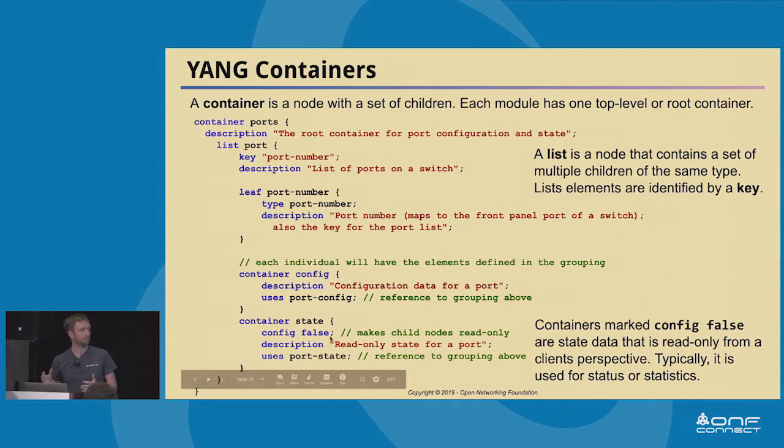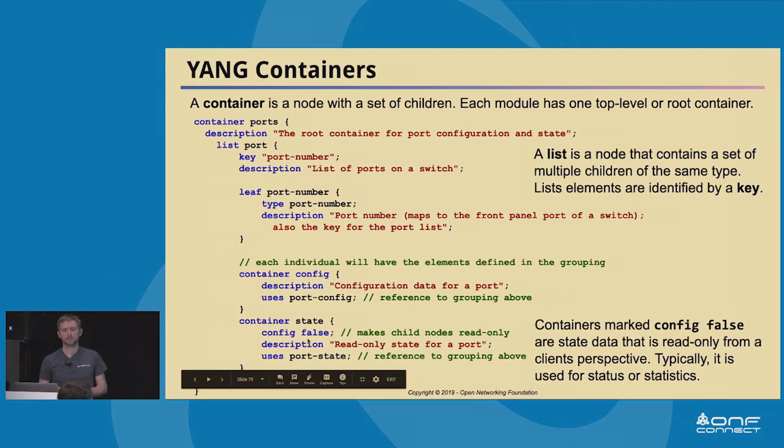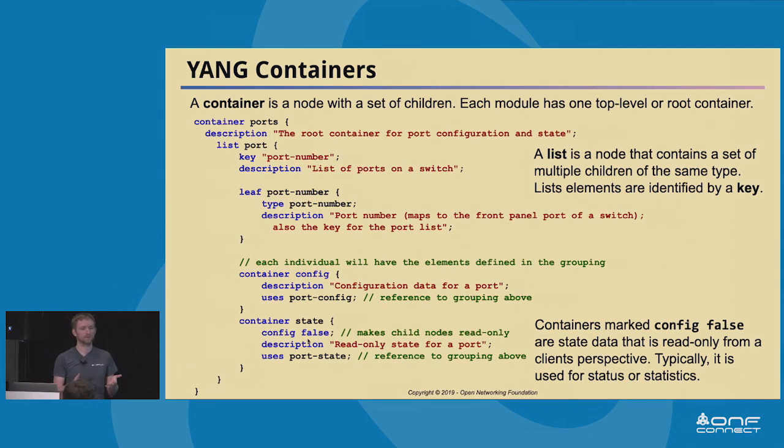Data in YANG by default is read-write, meaning the client or the controller can make changes to anything it wants. Data that's marked config false means that this data is read-only, meaning the device is going to populate this information, but the controller can't set it. This is things like, is the port up or down operationally? What are the stats on a given port? These are going to be the read-only portions of our tree.